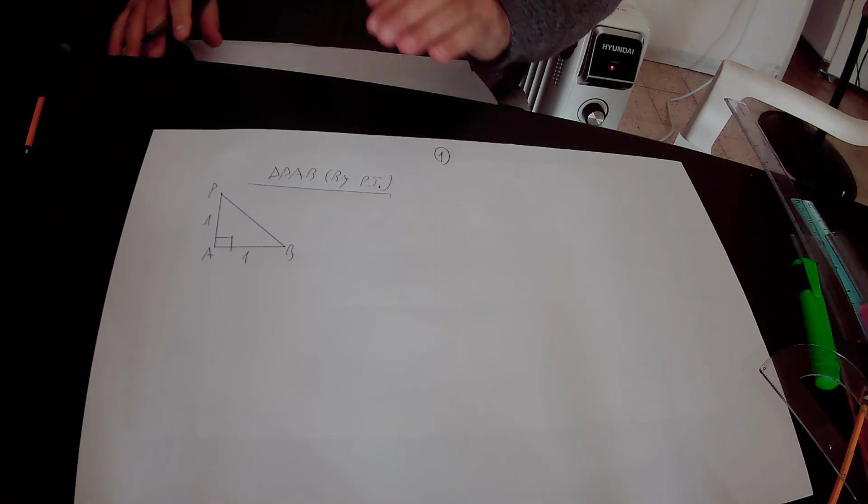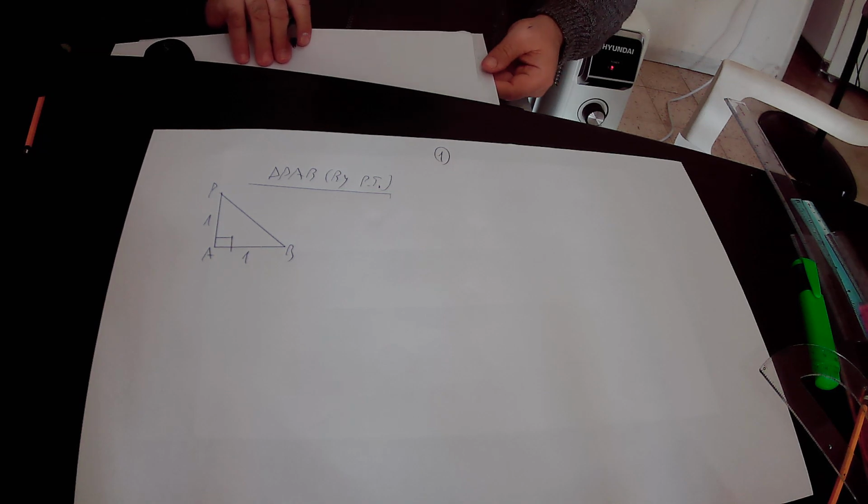So this is the right triangle PAB that occurs from the original drawing.